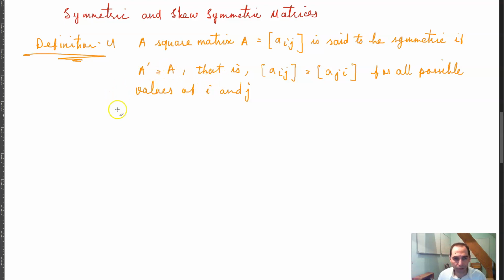As an example, if you have A equal to square root of 3, 2, 3, then 2, -1.5, -1, then 3, -1, and 1.